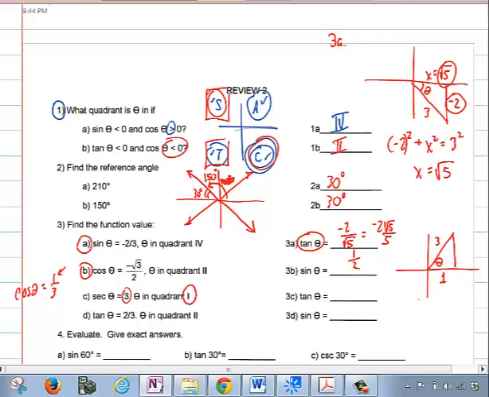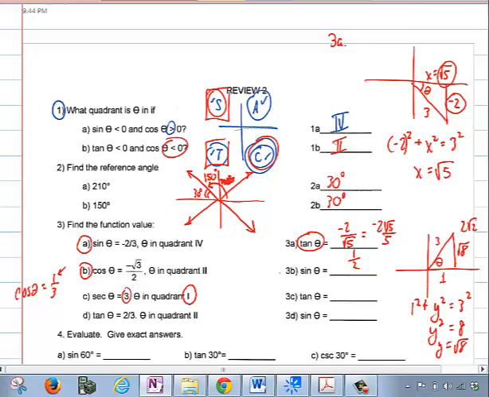Hypotenuse is 3. Through Pythagorean theorem, you would find the opposite side. So we'll call it square root of 8. Some people could call that 2√2 if they simplify it.